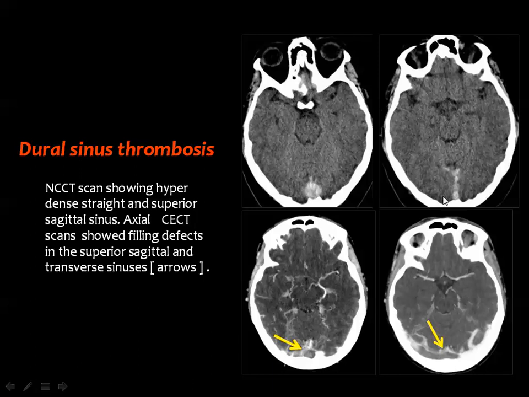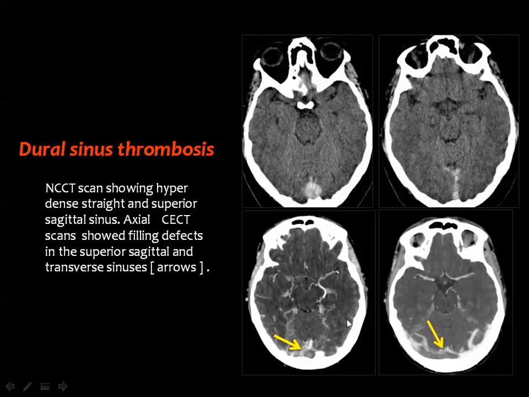In the CT scan before injection of contrast, you will see the thrombosed sinus as a hyperdense structure along the anatomic course of the sinus. This is the straight sinus, and this is the superior sagittal sinus or the confluence of the sinuses.